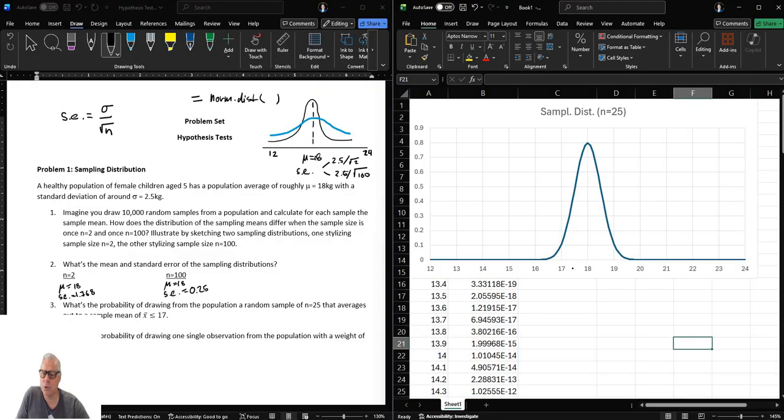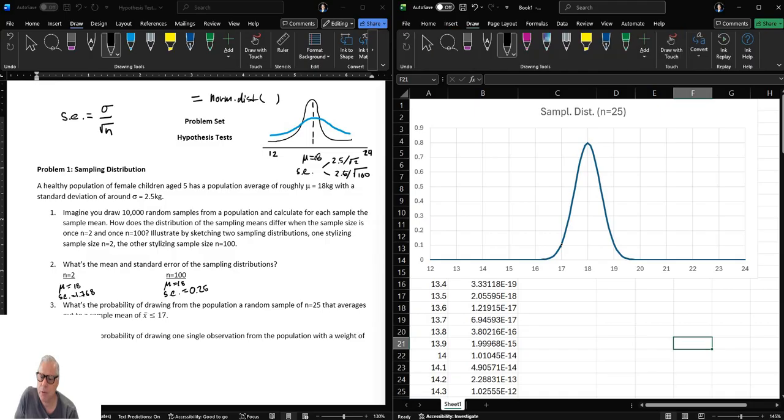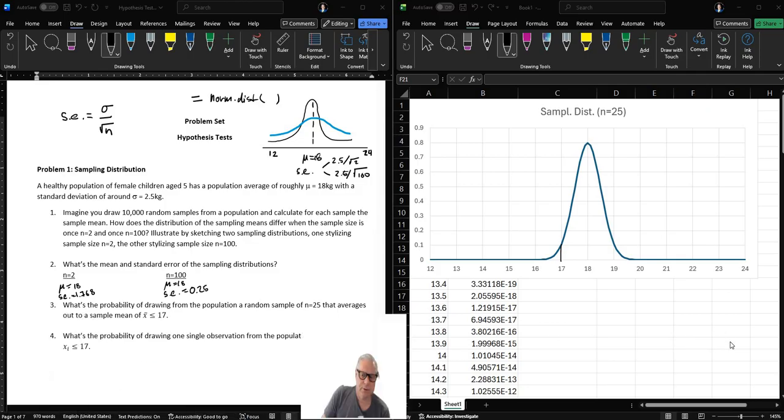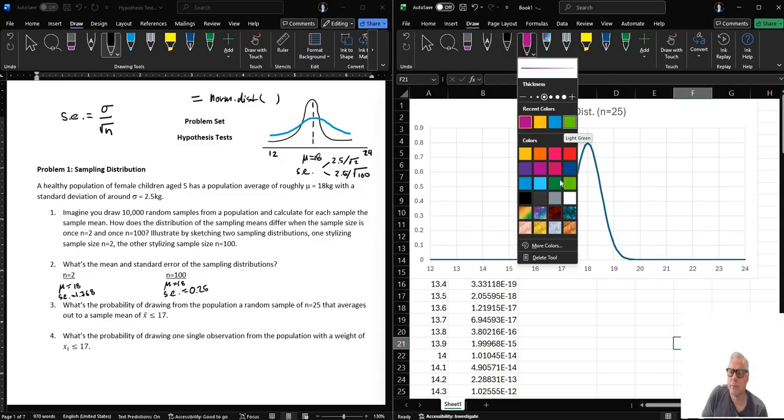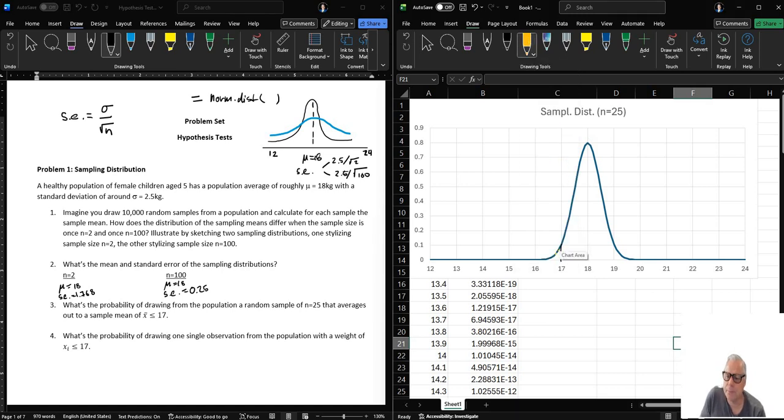Okay, so I want to know what's the probability, if this is my sampling distribution, that I draw a 17 or less. So I gotta move again to this side. So that is, I'm interested in this area here.